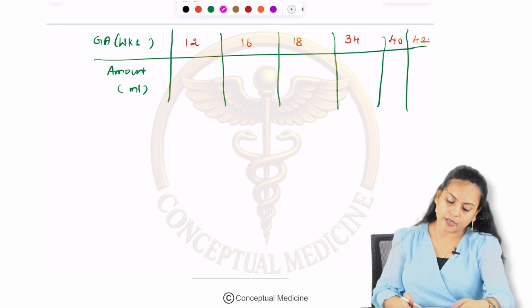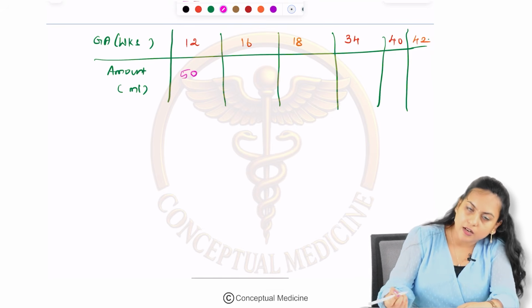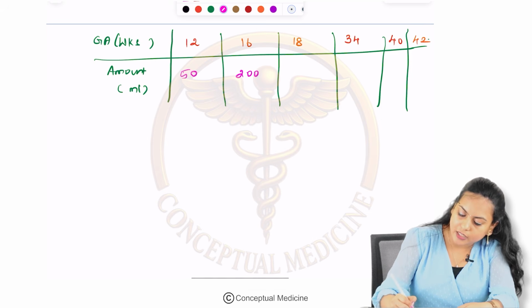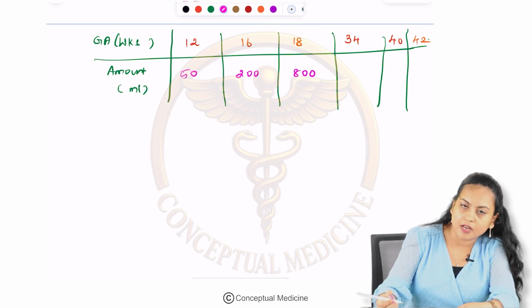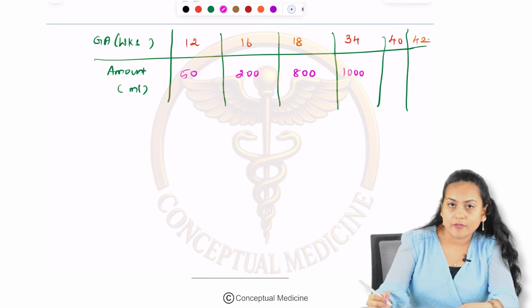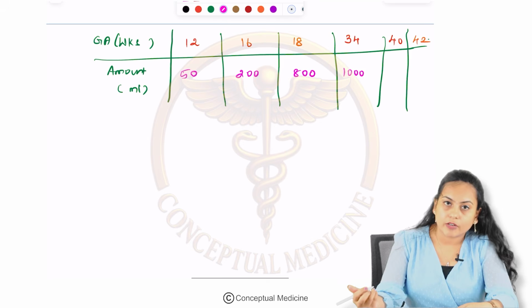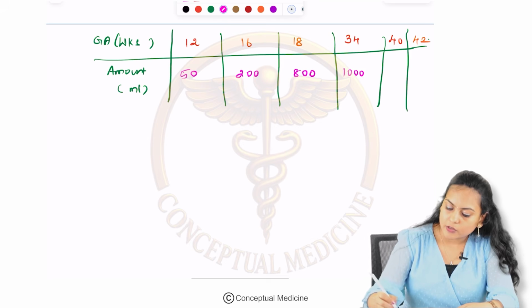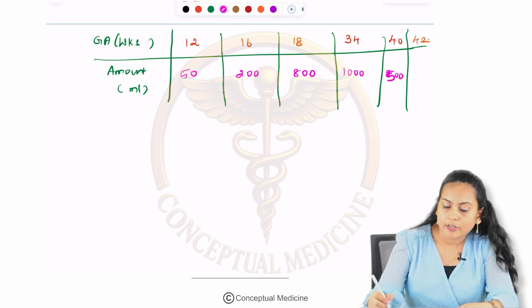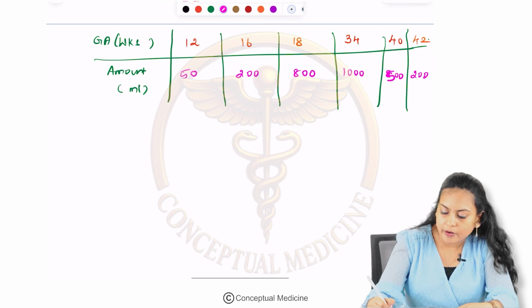The amount of fluid at 12 weeks will be 50 ml, at 16 weeks about 200 ml, at 18 weeks 800 ml, and at 34 weeks it is 1000 ml. By 40 weeks, at term, it is going to reduce again, because the fetal urine contribution is also going to reduce. So, it will be back to 500 ml, and by 42 weeks there will be only 200 ml of amniotic fluid.